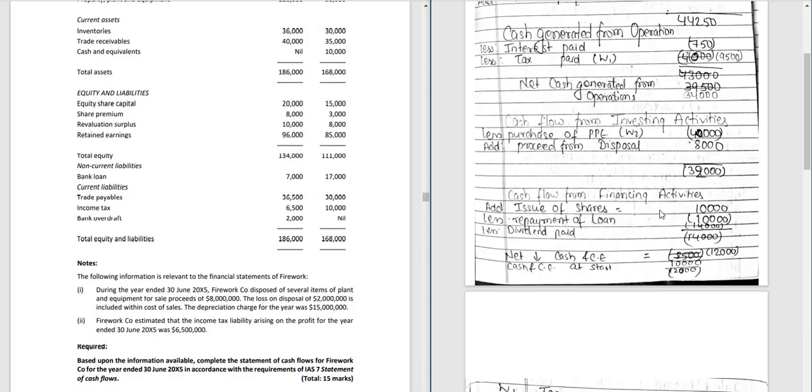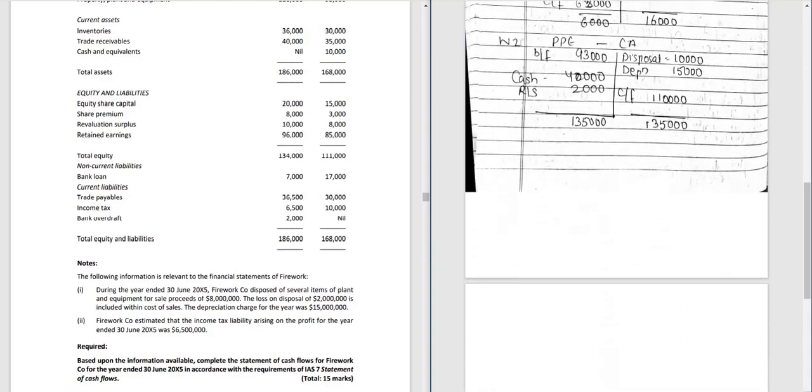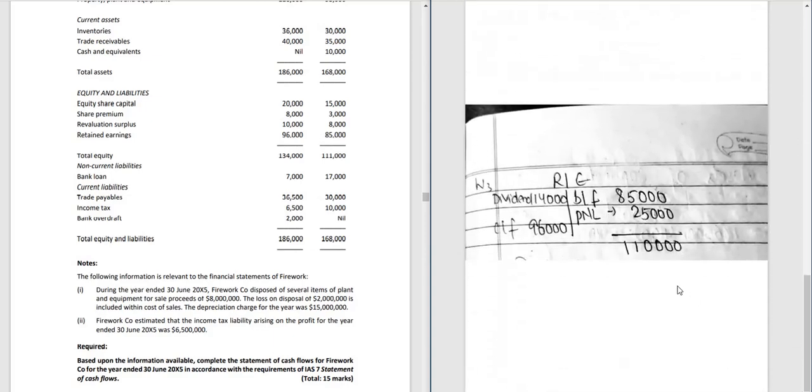After that we are having a retained earning balance carry forward and brought forward. So we will calculate how much dividend we have paid. Okay, so here I have calculated brought forward retained earning was 85,000. Carry forward was 96,000.